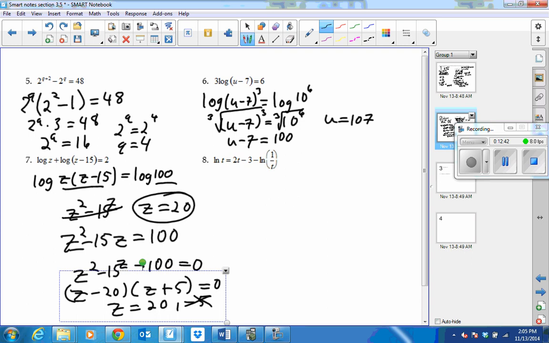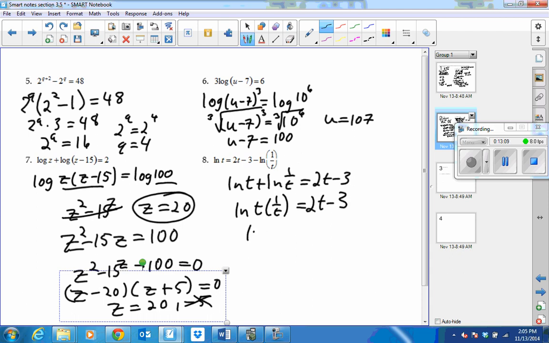All right, natural log of t equals 2t minus 3 minus the natural log of 1 over t. Let's get the natural logs on one side. So we're going to get the natural log of t plus the natural log of 1 over t equals 2t minus 3. So let's condense this. So we get the natural log of t times 1 over t equals 2t minus 3.